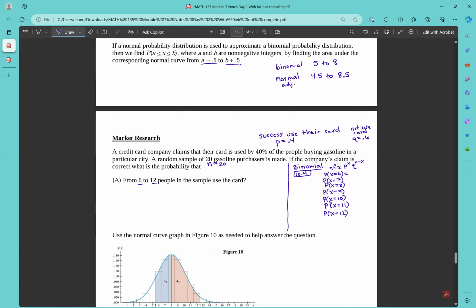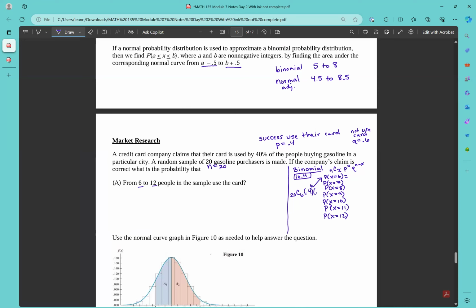I'll show the formula over here to the side. This would be 20 total people, choose 6 people to be successful, because this is P of X equals 6. The probability of success, people using the card, was 0.4, to the 6th power. People not using the card is 0.6, and the exponents have to add up to 20, so 20 minus 6 is 14 people not using their credit card.